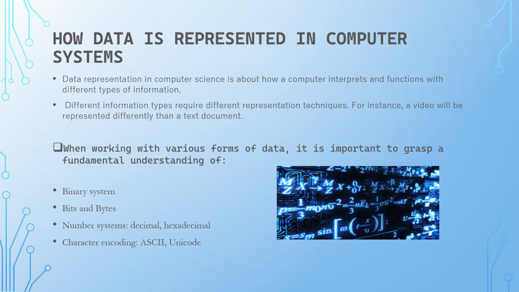How data is represented in a computer system. Data representation in computer science is about how a computer interprets and functions with different types of information. Different information types require different representation techniques. For instance, a video will be represented differently than a text document.